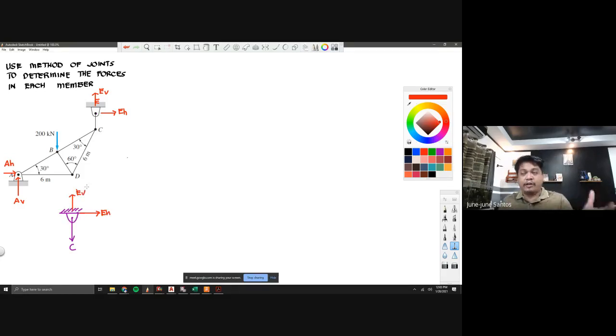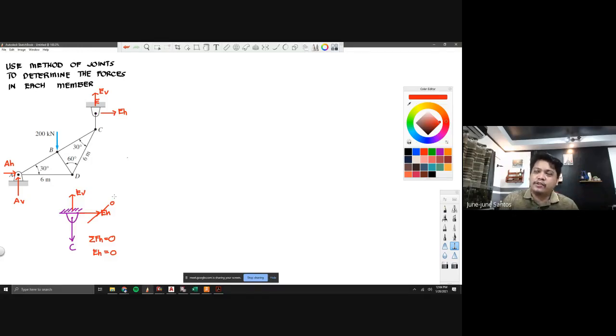Okay? So, ito lang yung forces na meron doon sa support. Now, if we are going to have it summation forces horizontal, and since it is equilibrium equal to 0, so we only have the force EH. Wala nang iba. So technically, this EH would become equal to 0.